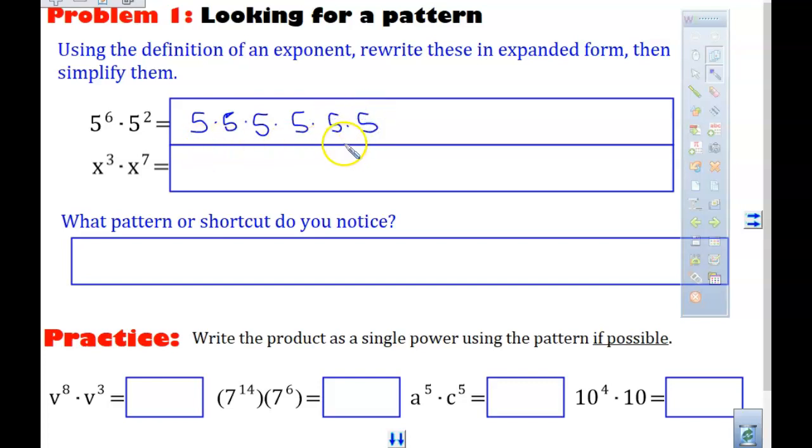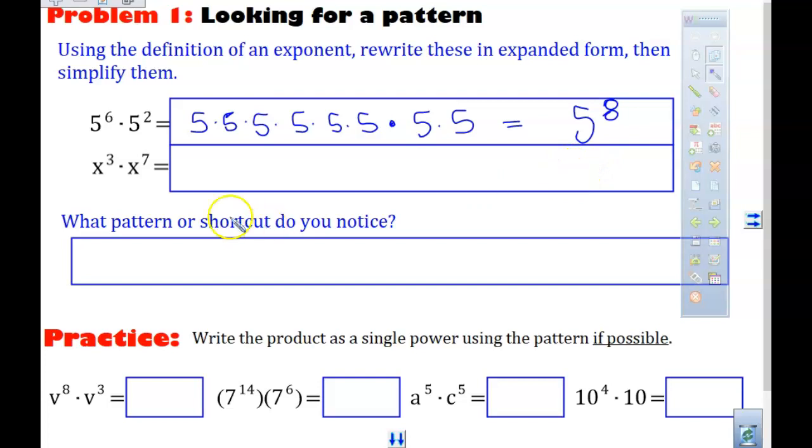Then times 5 to the 2nd means I should need 2 more 5s. We definitely don't want to put this in our calculator. It's pretty big. How many 5s do I end up having? 8. So my power for this one is I could write this as 5 to the 8.